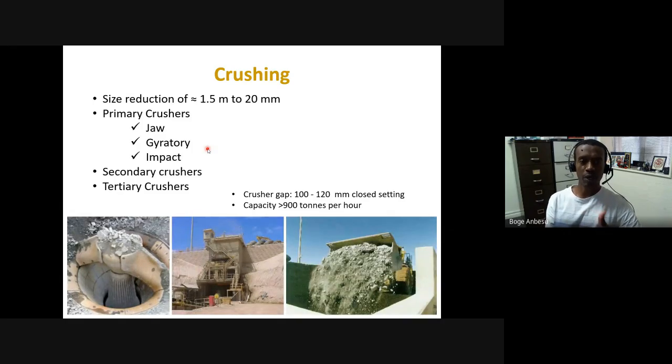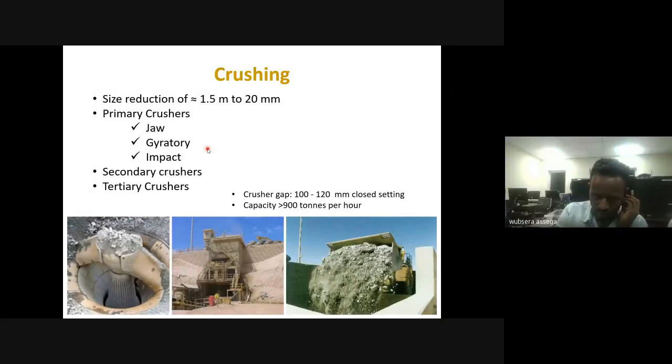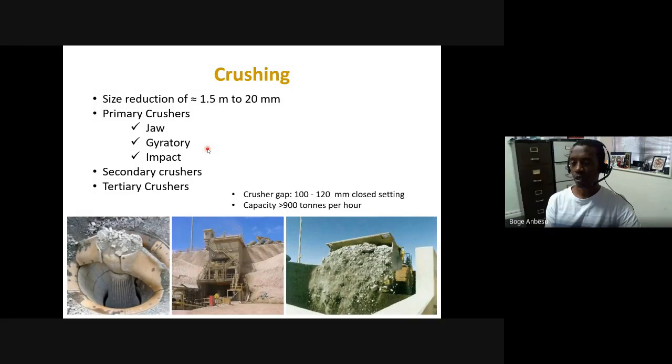Because when we think about what we need to put in a processing flow sheet for comminution, capacity usually is considered. Usually the hardness of the rock is considered. And if your capacity is below 500 tons per hour, if the rock is not really hard, competent rock, but not really hard, then you're probably looking at a jaw crusher.